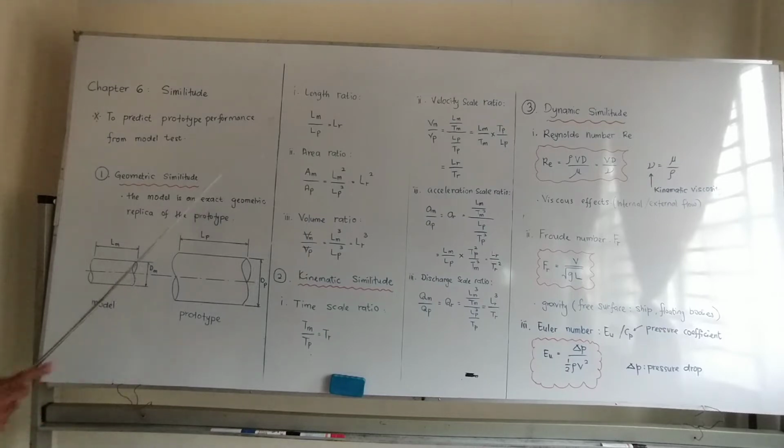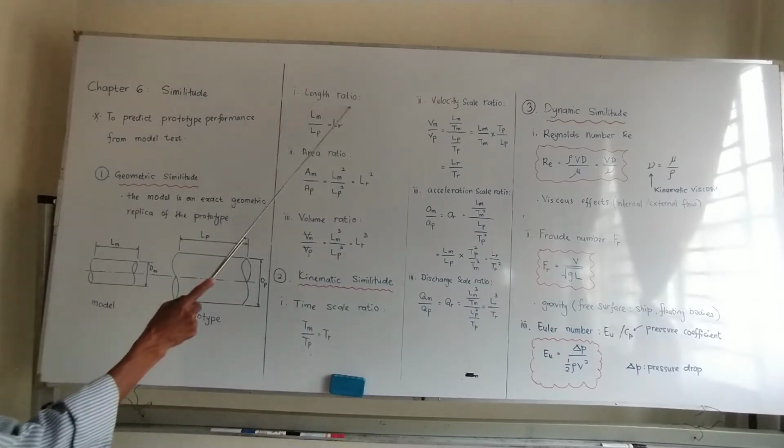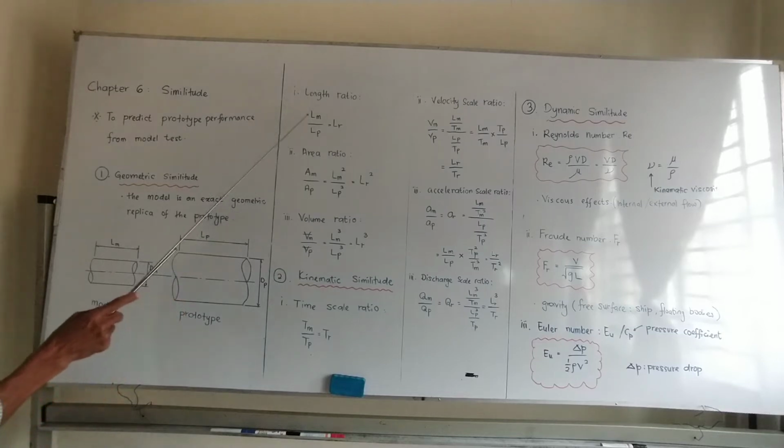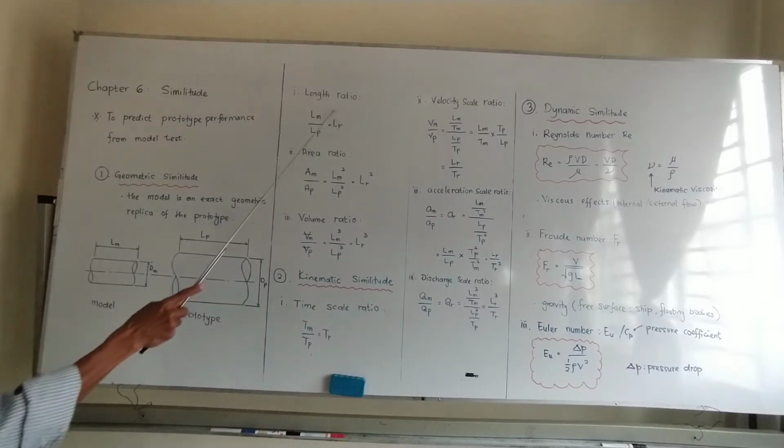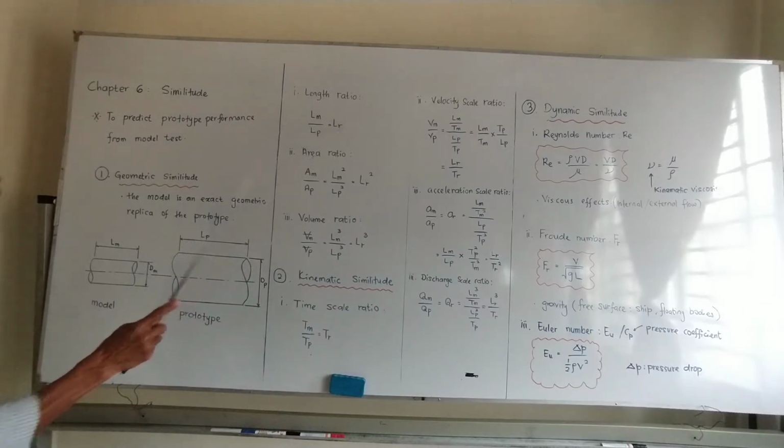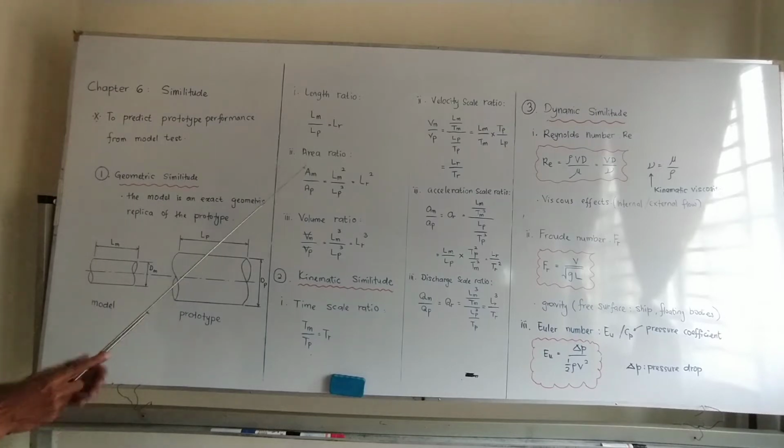We see the length ratio first. Length ratio, the length between model and prototype: Lm over Lp, which we call Lr, the length ratio. Second, area ratio, the ratio between the area of the model, Am, and the prototype, Ap.